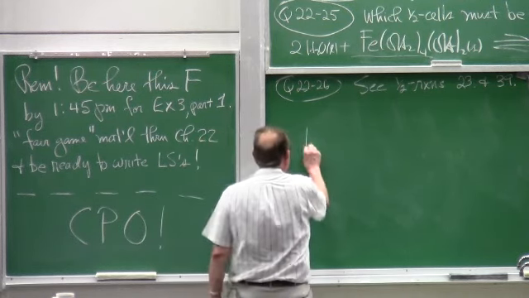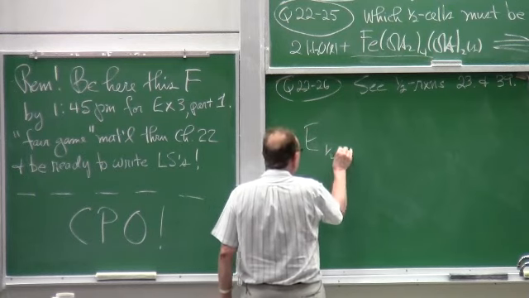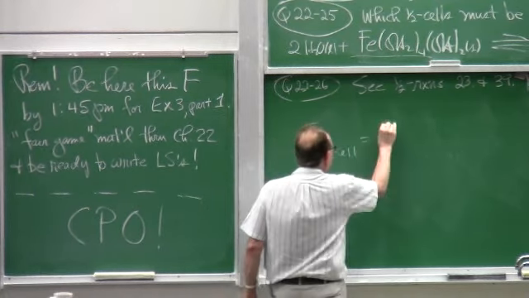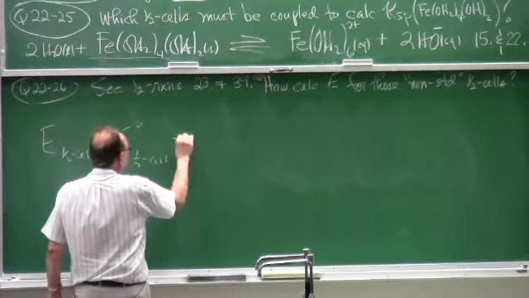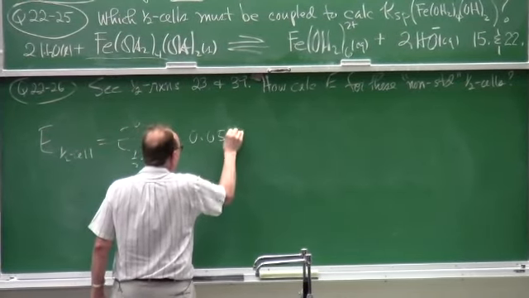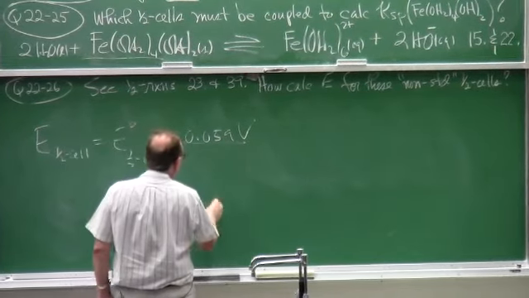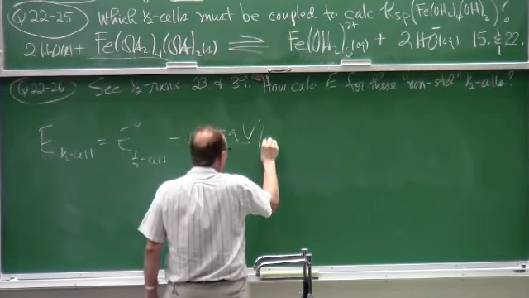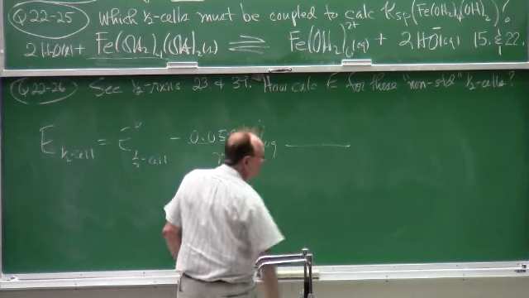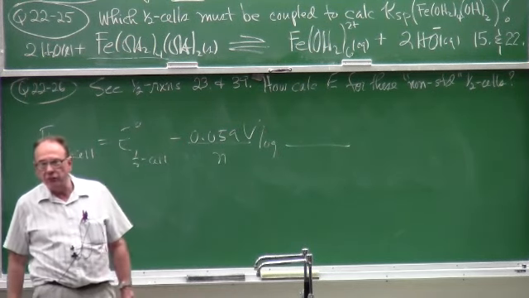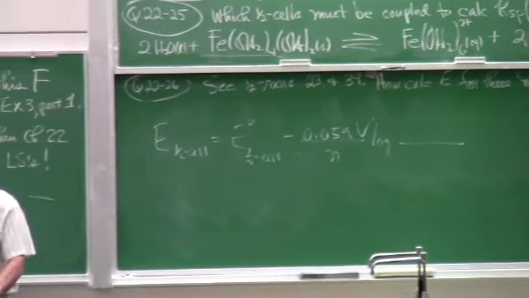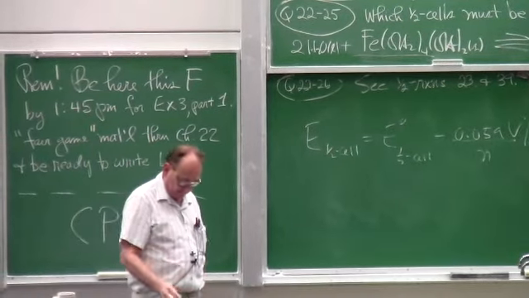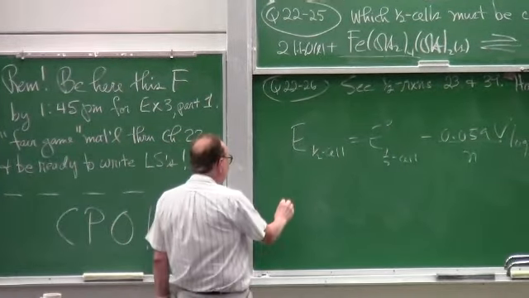Nernst equation. E half cell equals E0 half cell minus 0.059 V over N times log of Q. All right, let's pick on this one.